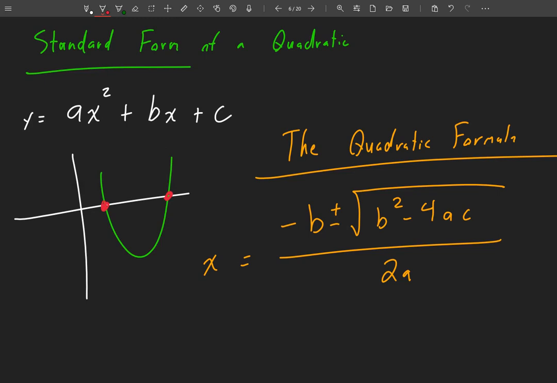They're also called, like I said, zeros. All of these terms are for the same things, so these two numbers. And this quadratic formula will tell you what those numbers are in any case. That is, whether you can factor this or not, it doesn't matter. It will always work. Okay?